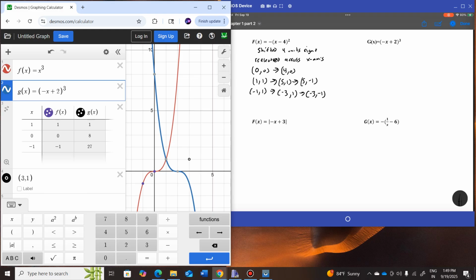I'm going to be moving it once I show a couple of shifts with this. But what we have here, we have a flip across the y-axis, which causes it to look like it's going the opposite direction. And then we have a horizontal shift.